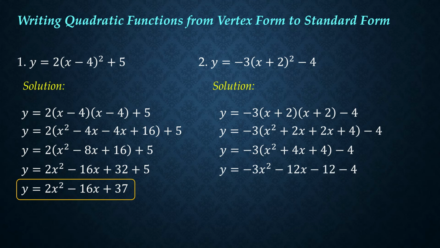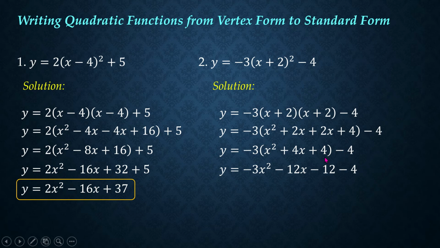So the next part of the solution would be y is equal to negative 3 times x squared is negative 3x squared, while negative 3 times 4x is negative 12x, negative 3 times positive 4 is negative 12, then bring down minus 4.